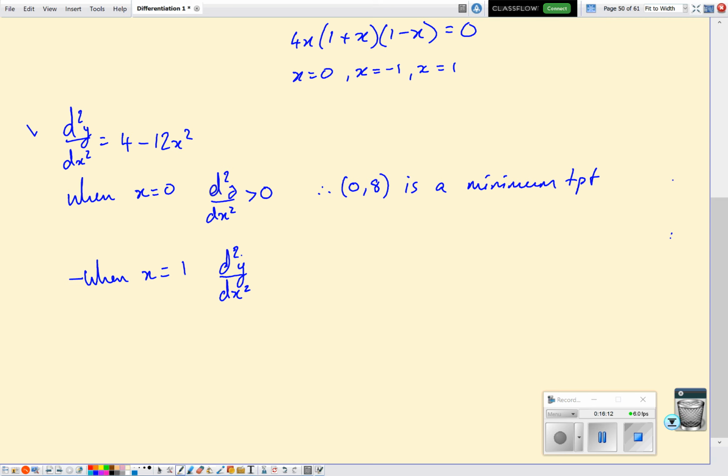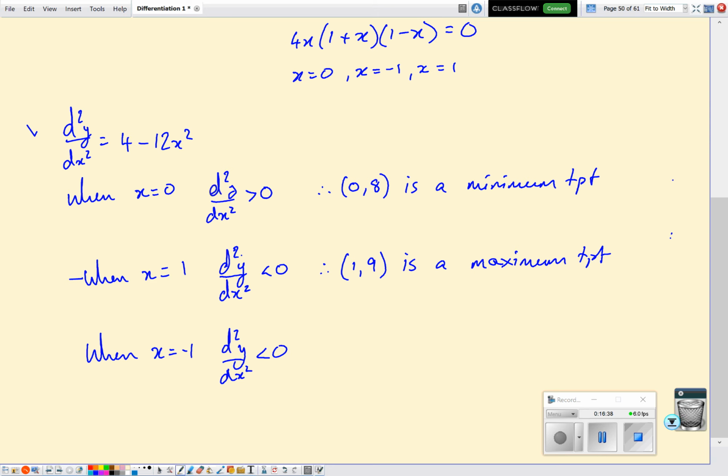Okay, when x is equal to 1, you get a value less than 0, so therefore 1,9 is a maximum turning point, and when x is equal to negative 1, you'll get the same value, so d2y dx squared will also be less than 0, therefore negative 1,9 is also a maximum turning point.